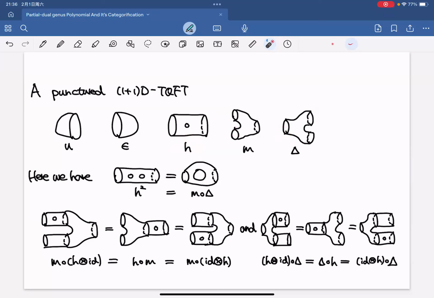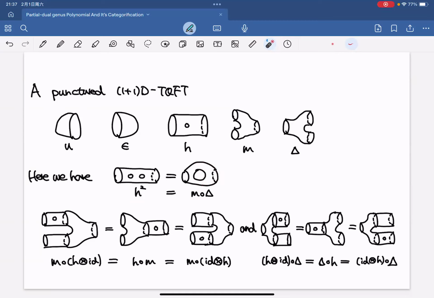So why do we call this map the half genus map? This is because if we consider M squared, it is equal to the composition of first taking a core multiplication, and then taking a multiplication. So M squared is equal to M composed with the core multiplication.